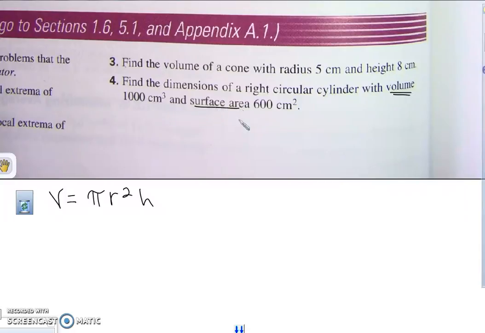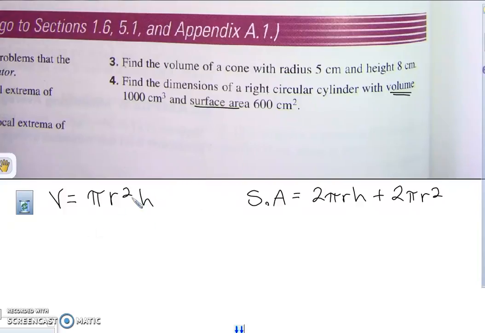And then for the surface area, we get 2 pi r h, so 2 pi times the radius times the height, plus 2 pi r squared. You might have had to look these formulas up so that you can start this problem.